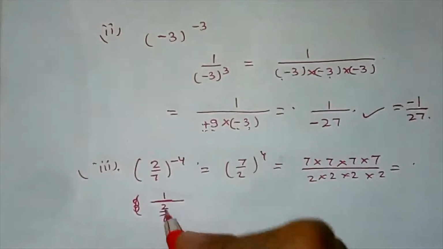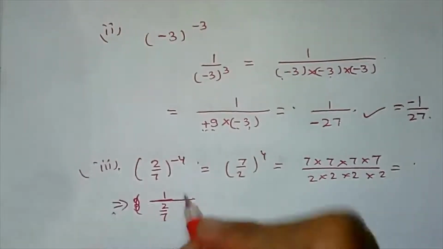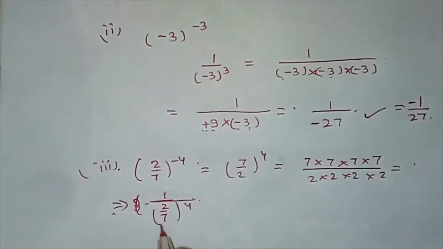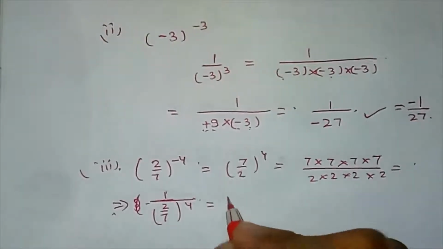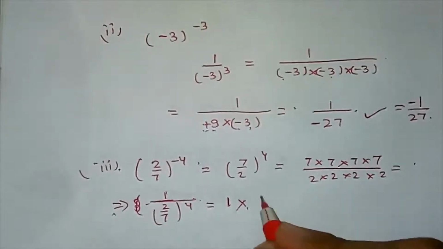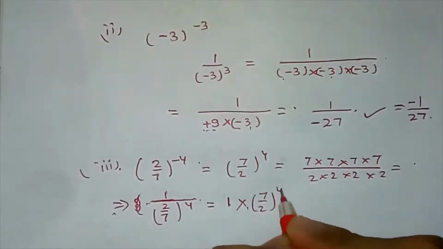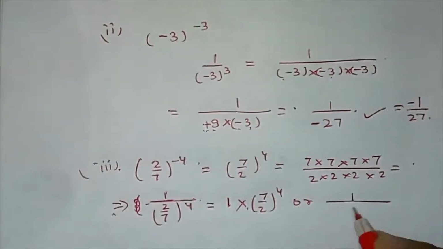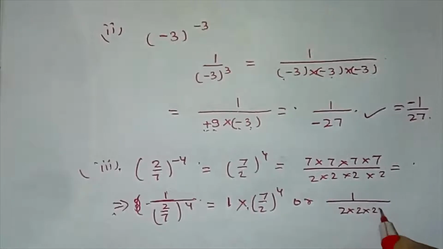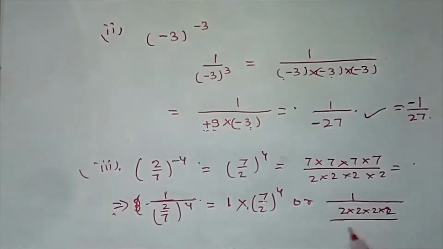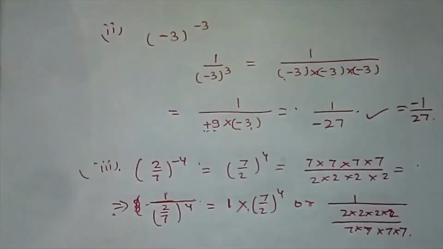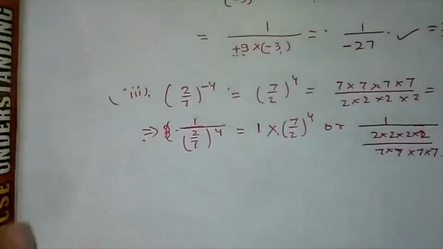So you can write it as 1 upon 2 into 2 into 2 into 2 upon 7 into 7 into 7 into 7. Okay, so you can write it any way that you like.